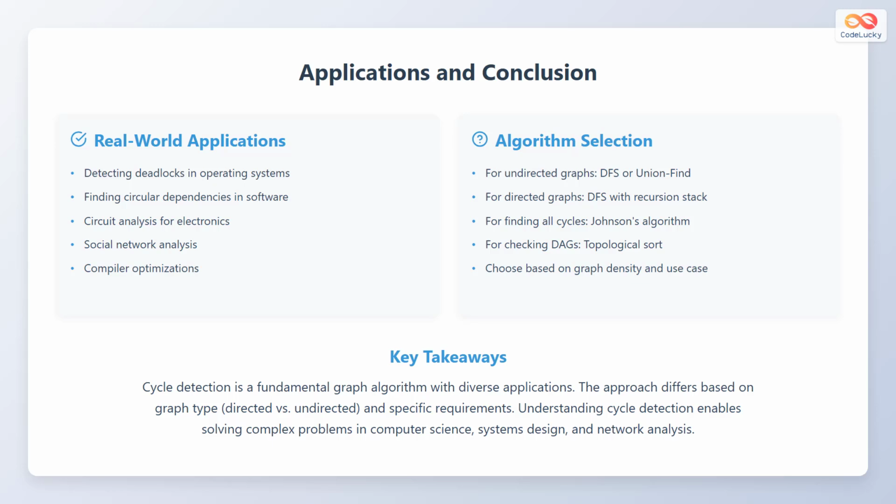Use depth-first search or DFS, or union find for undirected graphs. Use depth-first search or DFS with recursion stack for directed graphs. Use Johnson's algorithm for finding all cycles, and topological sort for checking directed acyclic graphs, or DAGs. Understanding cycle detection enables solving complex problems in computer science, systems design, and network analysis.